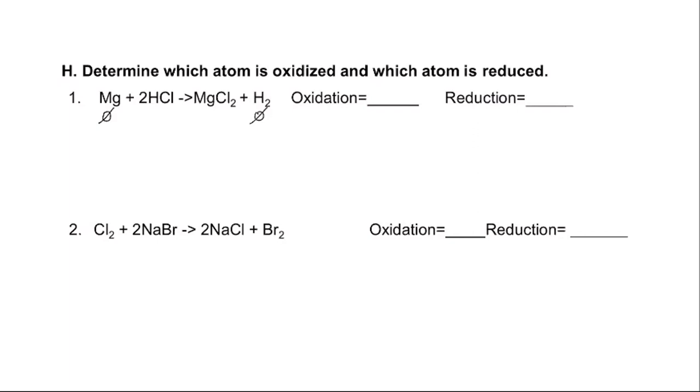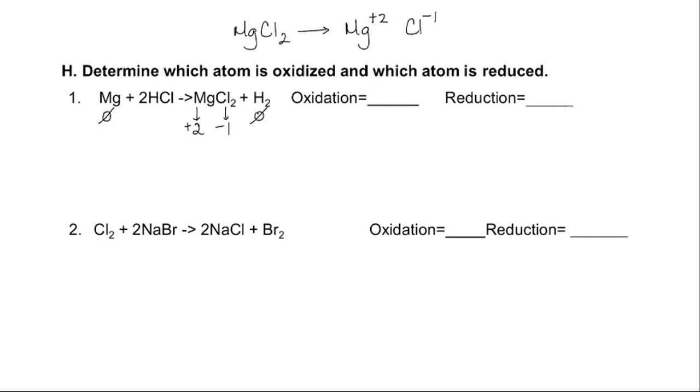Exactly, magnesium chloride. So according to the rules for ionic compounds, their charge is going to be their oxidation number. So if I take magnesium chloride and break it down back to its charges, magnesium is +2, chlorine is -1. So magnesium is going to have an oxidation number of +2, and chlorine is going to have an oxidation number of -1.